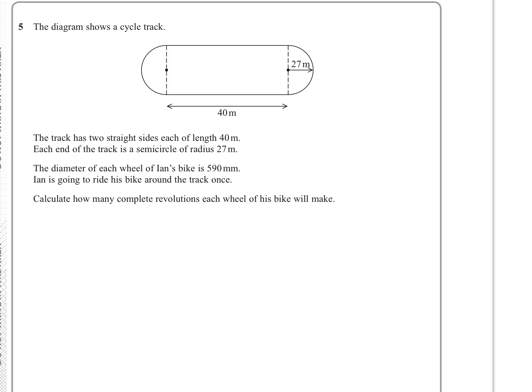Question 5. The track has two straight sides, each of length 40. So we know that the length of the track is going to be 2 times the 40 plus 2 of these curved parts of the semicircle, so the semi-perimeter of the circle radius 27 doubled, or if we put these both together, then we'd end up with the whole circle, wouldn't we?